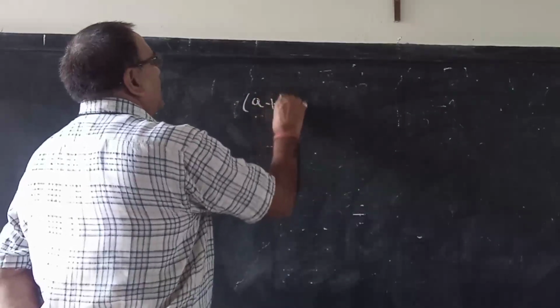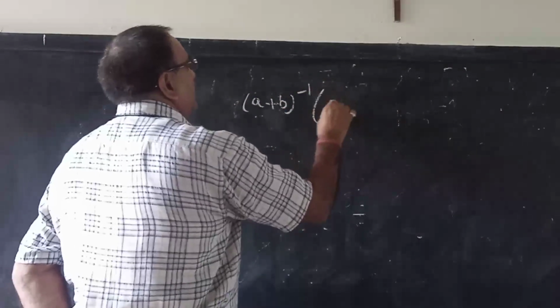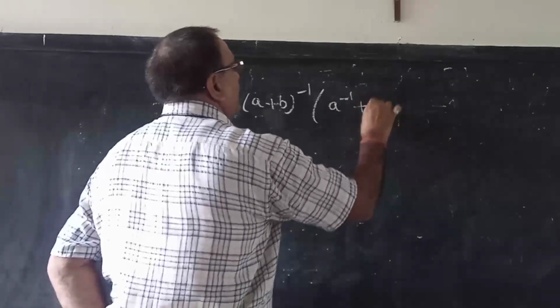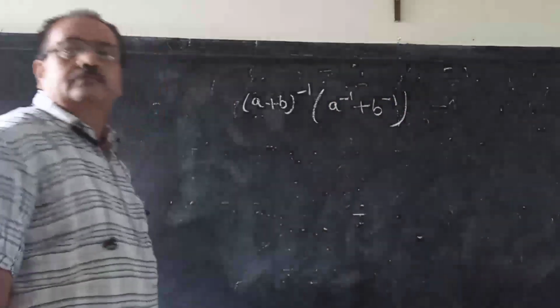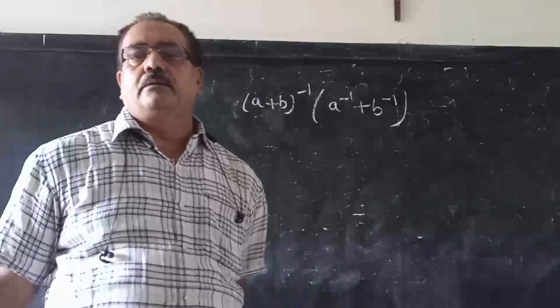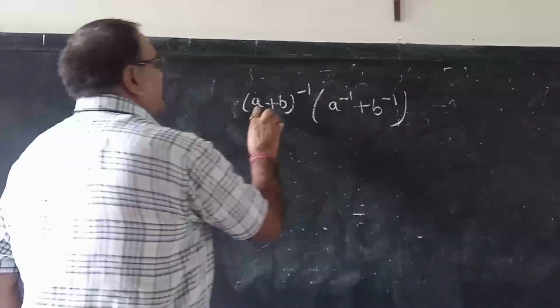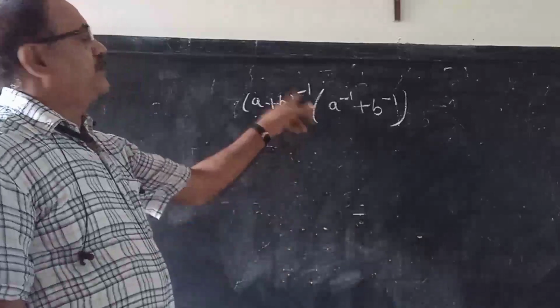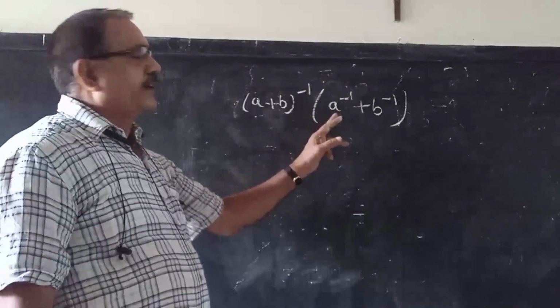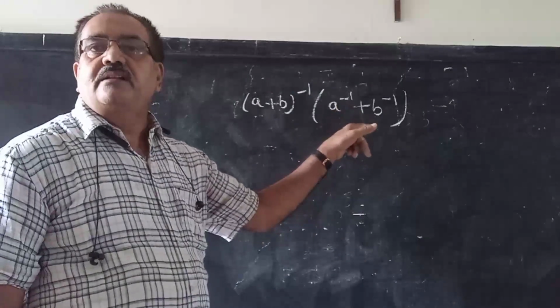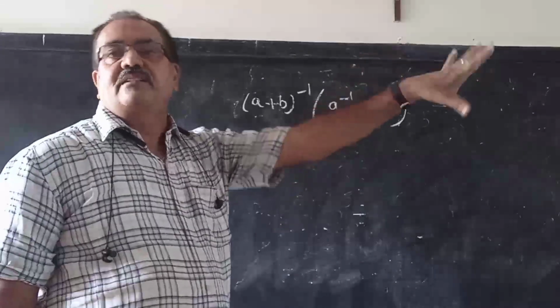Next question: a plus b to the power minus 1 times a to the power minus 1 plus b to the power minus 1. You have to simplify. See, in the first bracket a plus b together has the power minus 1. But in the second bracket, a has its own power minus 1 and b has its own power minus 1.